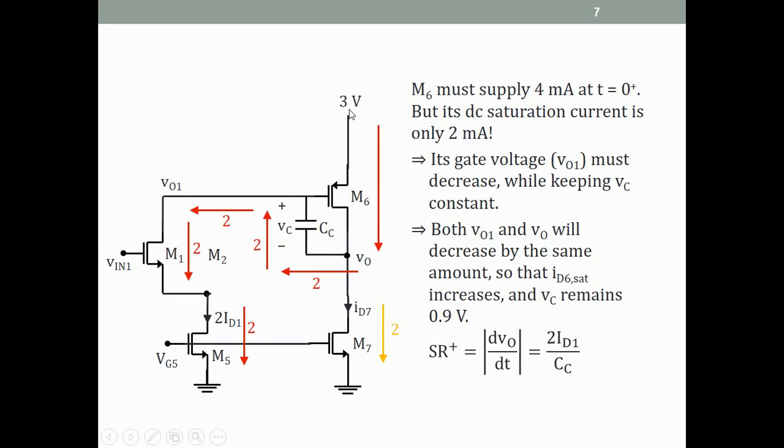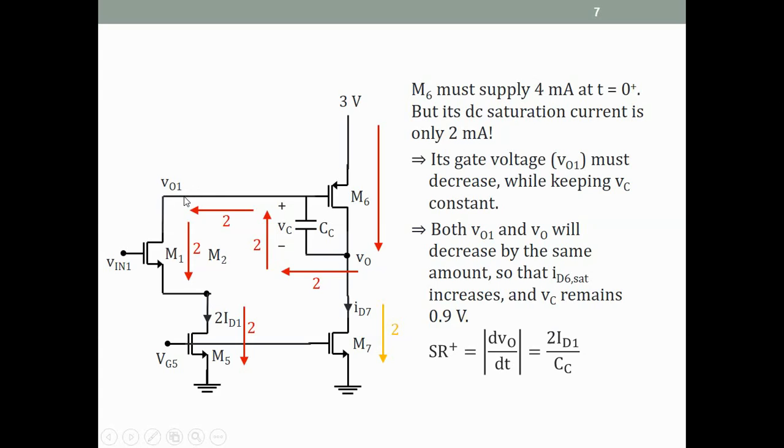This is fixed 3 volts. If VO1 becomes lower, the source gate voltage of M6 increases and the current can increase. But can VO1 decrease? There is a capacitor here. VO1 must decrease so that the source gate voltage of M6 increases.